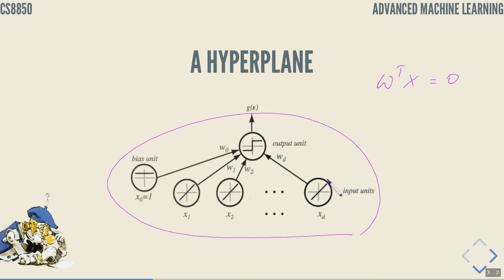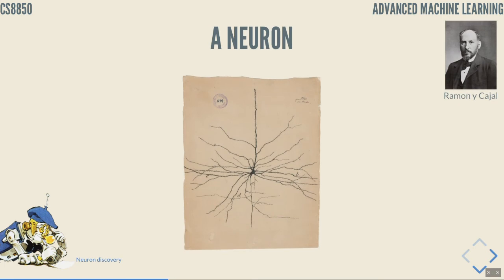So after drawing this figure of this linear discriminant, Frank Rosenblatt, I assume, got inspired or saw a connection with the neuron discovery. And the neuron was discovered by Ramon y Cajal, and this is one of his hand drawings of what he saw in the microscope.